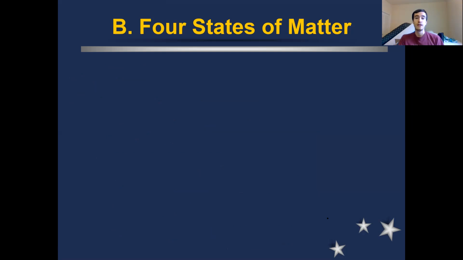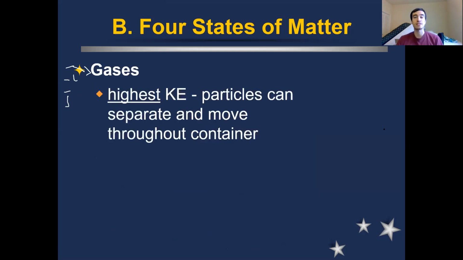And then finally, the highest level of matter that we're going to talk about, the most energy. So if solids were our lowest energy, liquids were our medium energy, then our highest energy is going to be gases. So gases have the highest amount of kinetic energy.